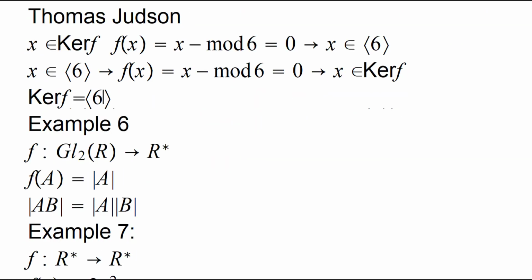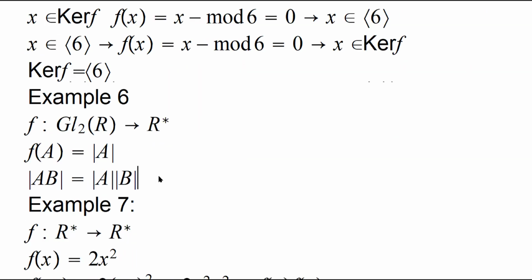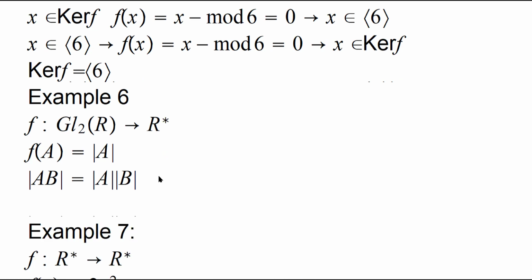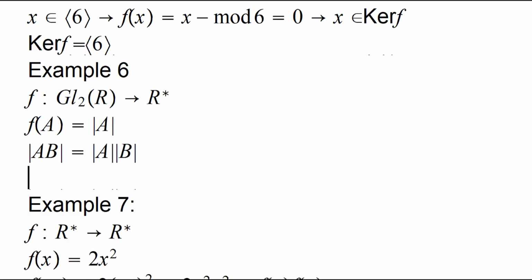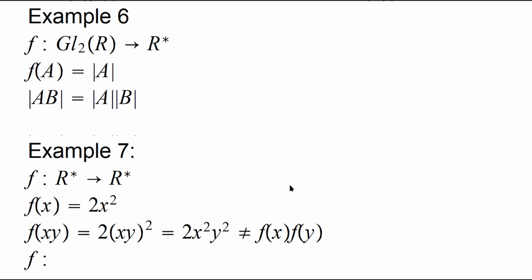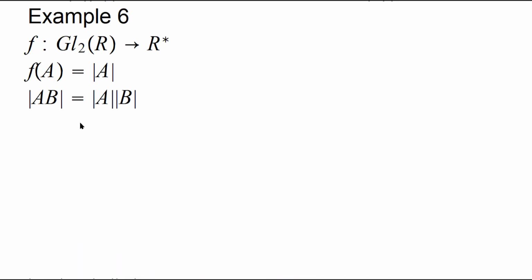Let's take this one also. Example 7 was not a homomorphism, but in this one, if we look at R star, let's just send it downstairs. So here, the identity is how much? That's a 1, right? So what will the kernel be then?